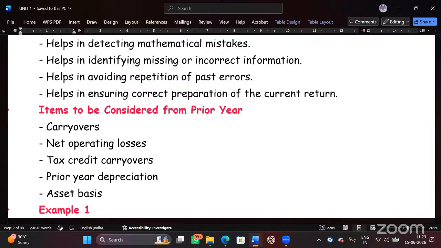Whereas in the case of the second category, aliens, and aliens again are divided into 2 types as I said, resident aliens and non-resident aliens. Resident aliens are no doubt equivalent to American citizens, meaning they need to pay tax on American income and outside American income.